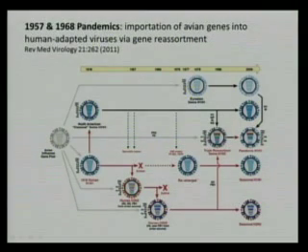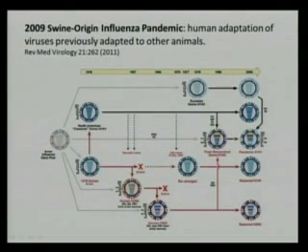Just for sake of time, I'm going to skip over to the swine flu, which was this virus over here, the pandemic H1N1, and its origin was more complex. It originally arose from this virus derived from the 1918, although there were combinations with other viruses along the way.